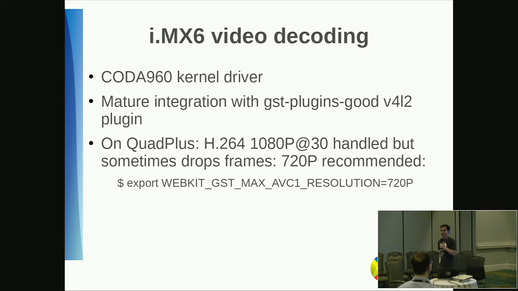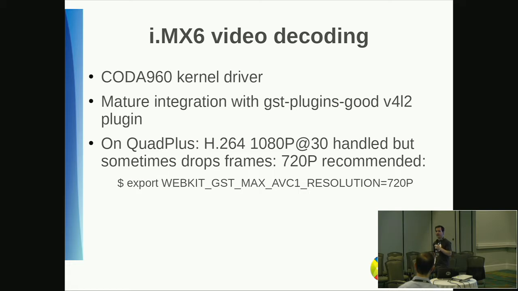On i.MX6 for decoding, we rely on the Coda 960 driver. It's working quite well. Actually, we have Full HD working at 30 FPS in H.264. But in some cases, it doesn't. It stutters a bit, so the rendering is not really smooth.